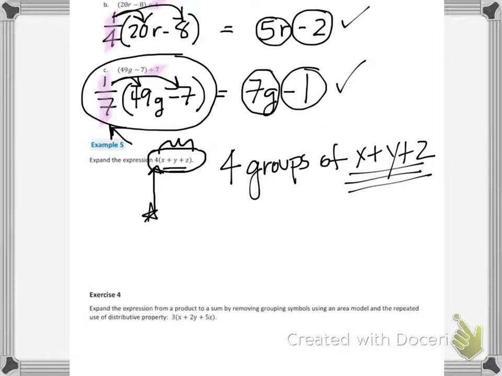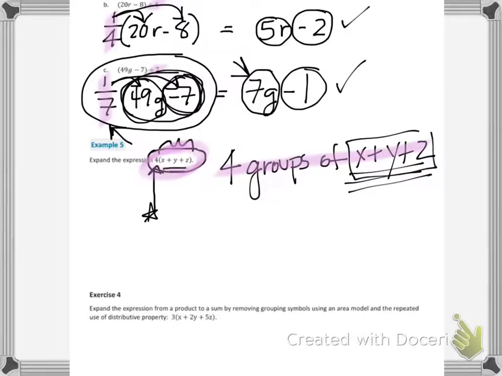We have 1/7 of all this, and that's very obvious because now we have 7g, which is 1/7 of 49, and then we have -1, which is 1/7 of -7. So if we were to verbally explain this expression, we would say we have 4 groups of x plus y plus z, the sum. 4 groups of this sum.